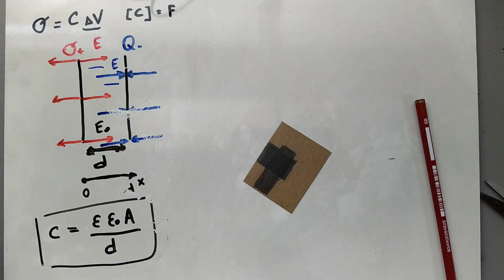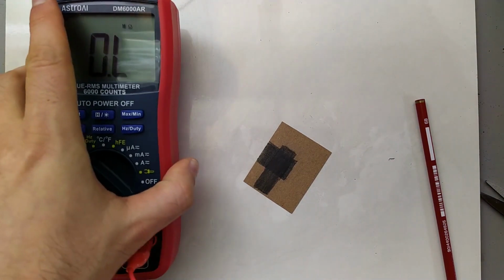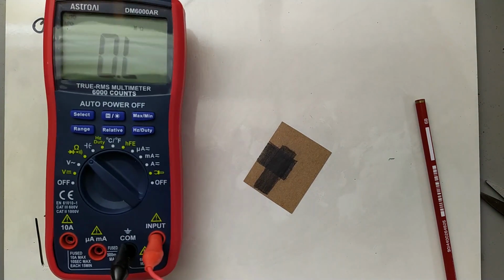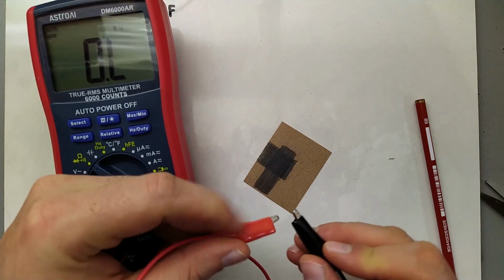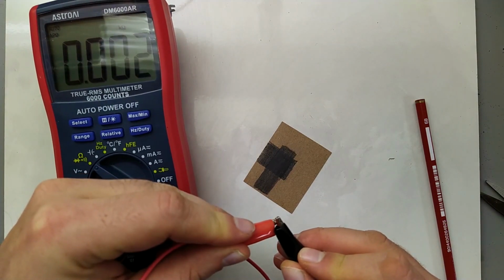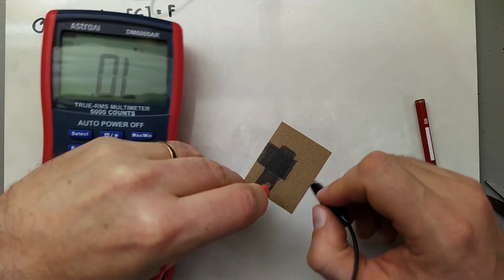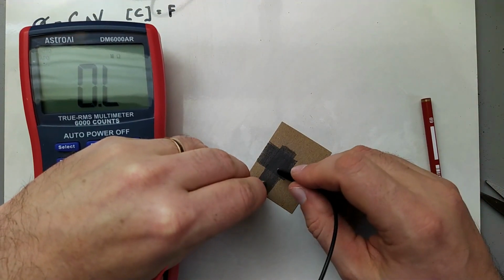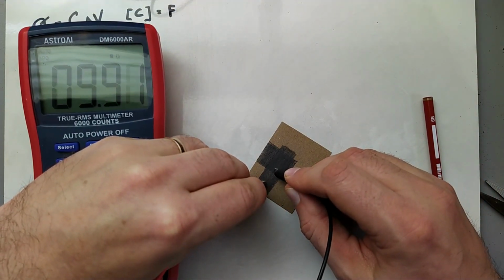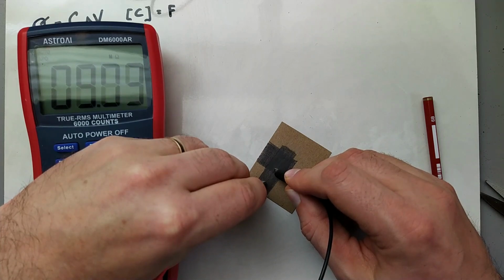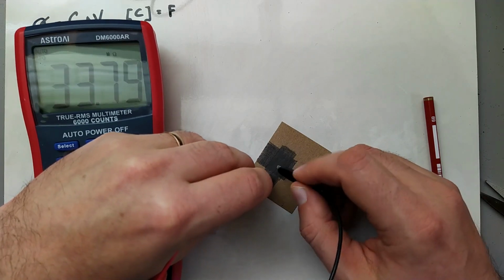Okay, so let us check the resistance of this top electrode, which is drawn on tape. Okay, we have similar 10. Oh no, that's actually 10 mega ohm.